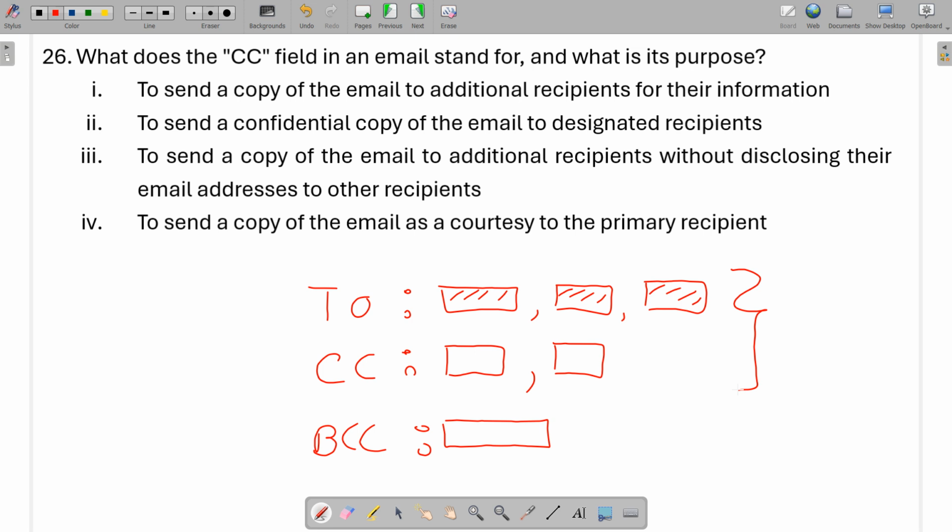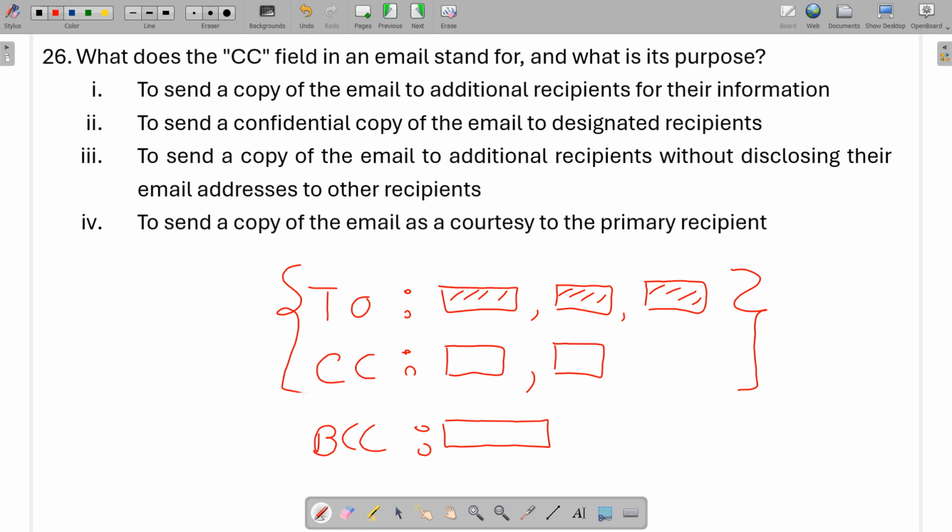BCC is used to hide the other particular recipients and just indicate that this email is sent to the people on these places, right? But those people will not see who the persons in the BCC are.